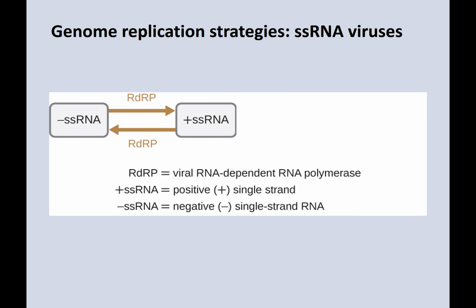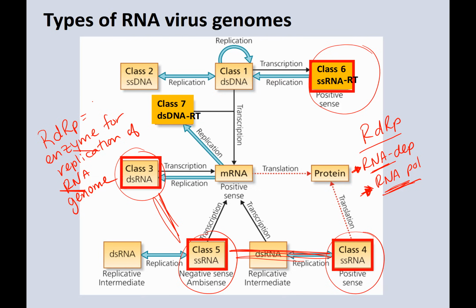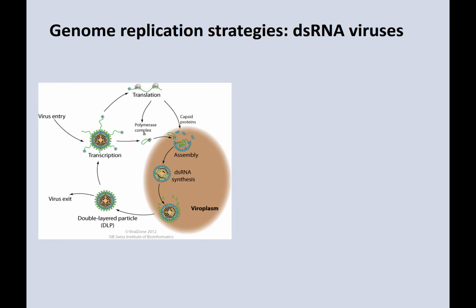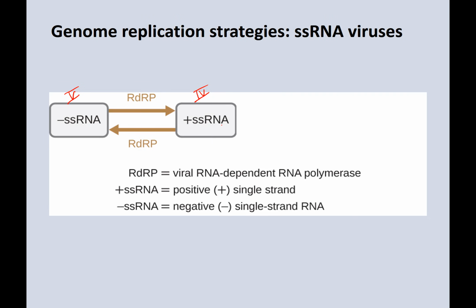All right, so whether you are a class 5 or a class 4, that means your genome is either positive stranded or negative stranded. It really doesn't matter, because what you have to do is copy your genome to the opposite sense and then copy it back.